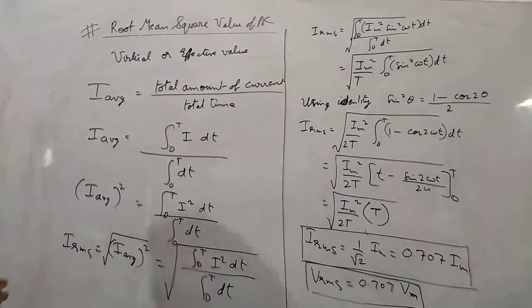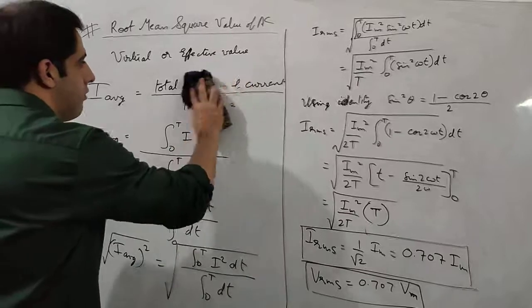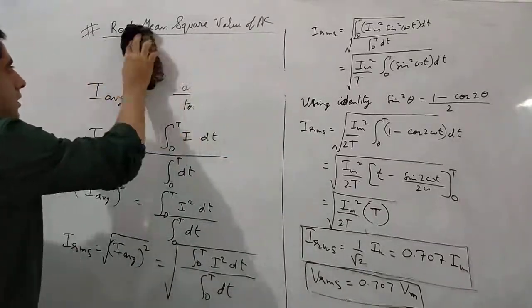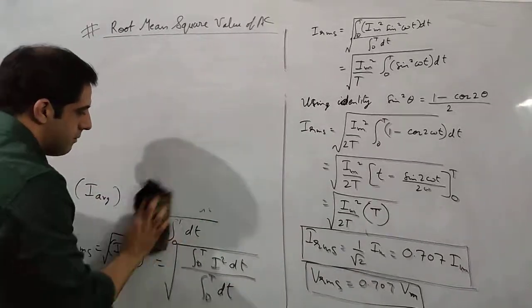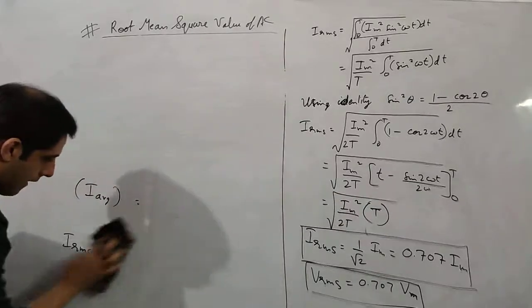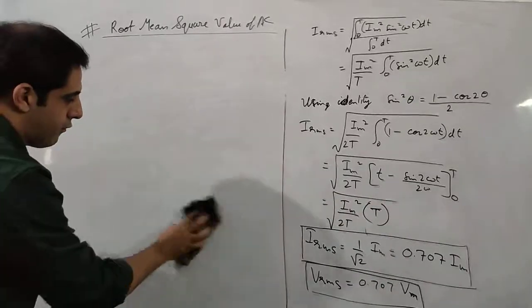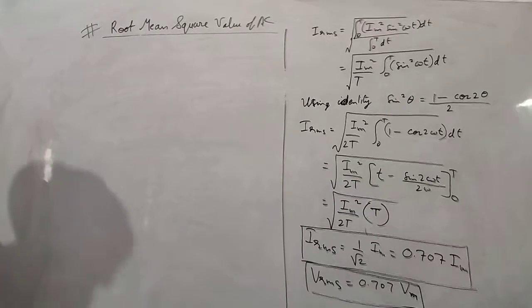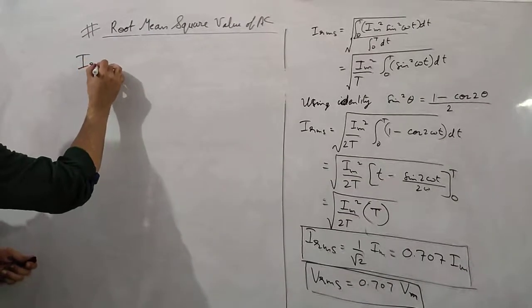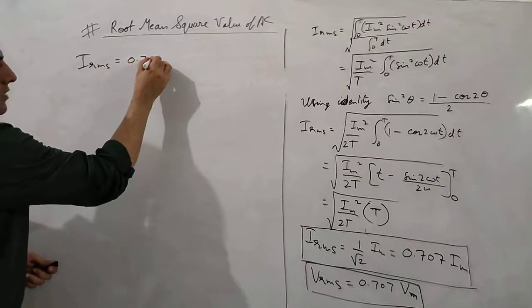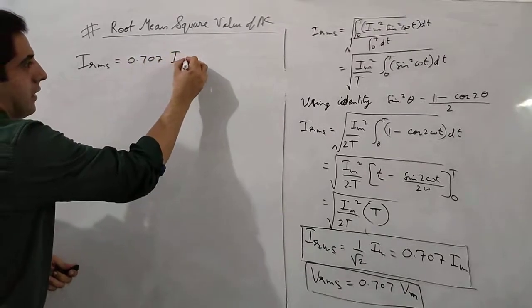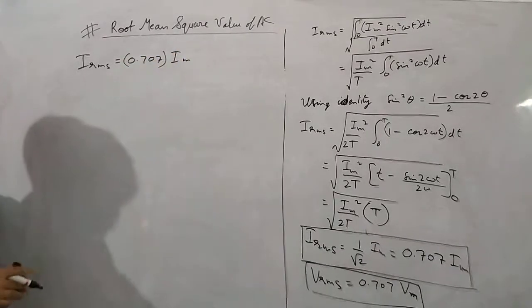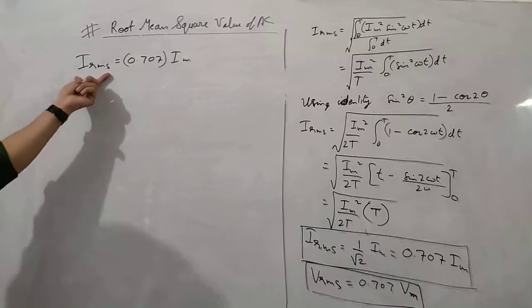Now let us come to the part which I talked about earlier. Why is this so important? This is important because if you look at the final result carefully, the IRMS value is 0.707 of the peak value, and this is the value that we get from the supply.